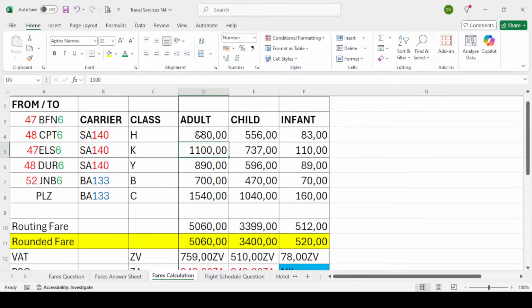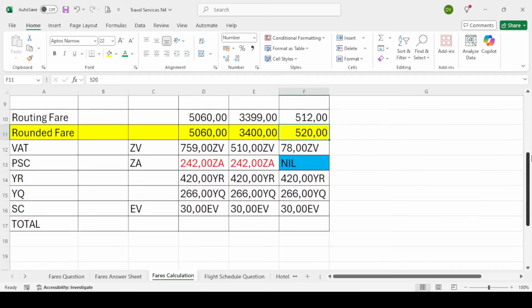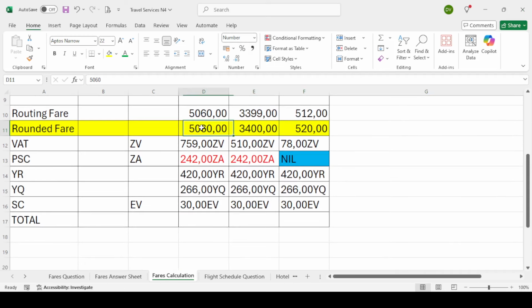You've added everything for the adult. You got the total. You rounded it up to the next R10 for the child and the infant. And now we are only adding up from our rounded fare. So when we add 5060 plus 759 plus 242 plus 420 plus 266 plus 30, we get the total for the adult.